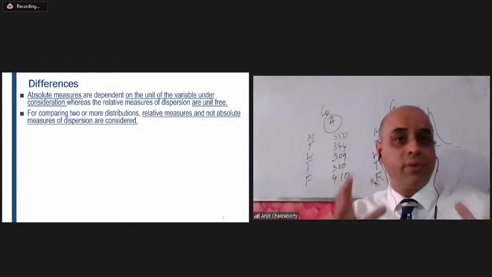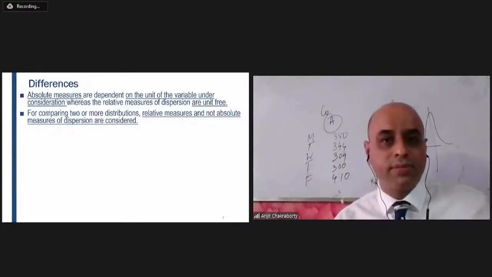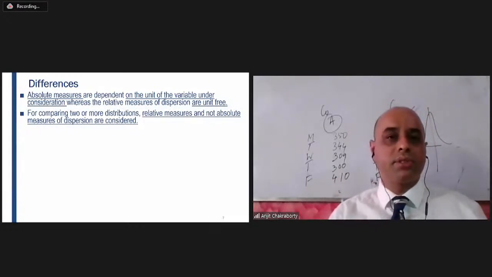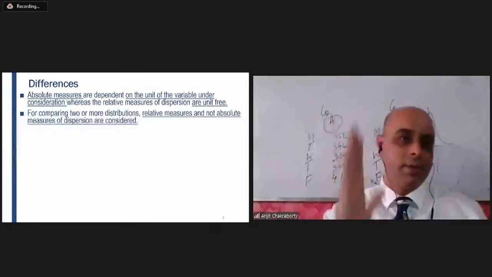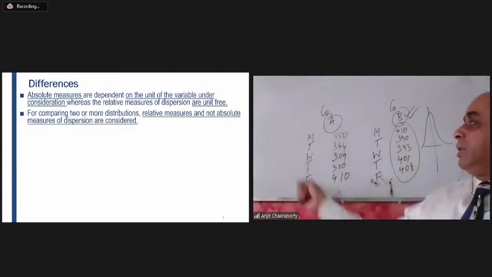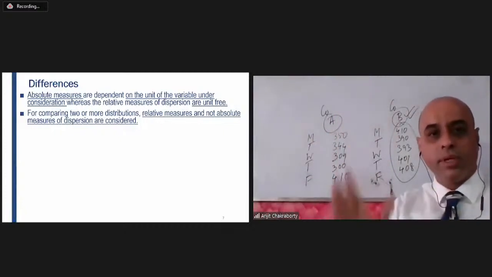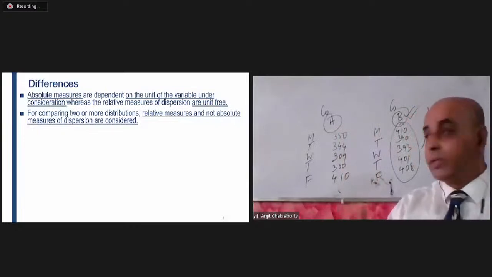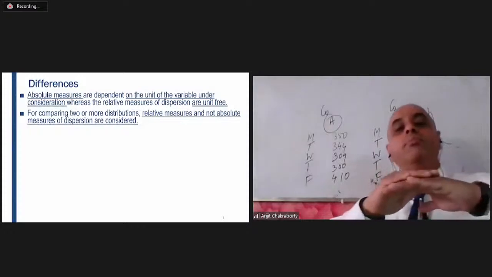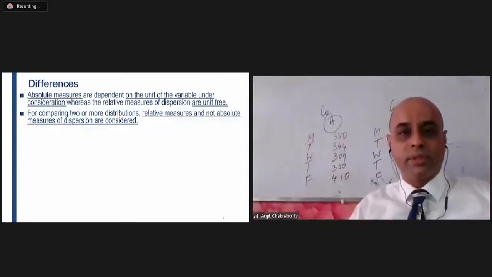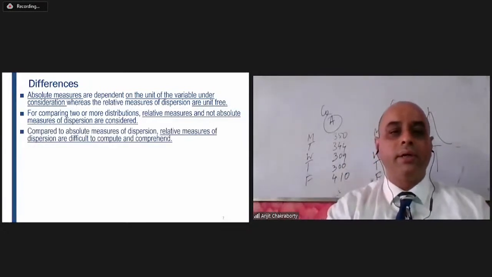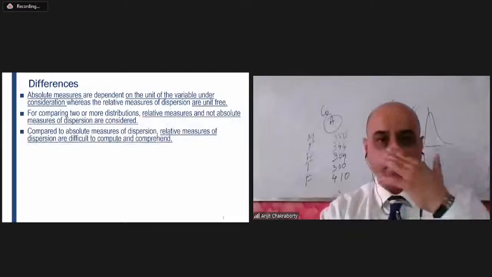For long-term investment and for safety purposes, a person should try to buy shares which do not have very sharp movements. But in this example, you could see that company A is moving up and down very sharply, sometimes falling steeply. But company B has a more balanced performance, right? So relative measures will be used for comparing, and for relative measures, we just have to find the percentage.